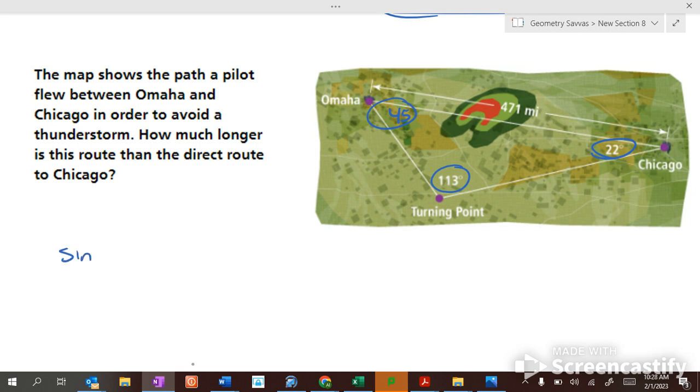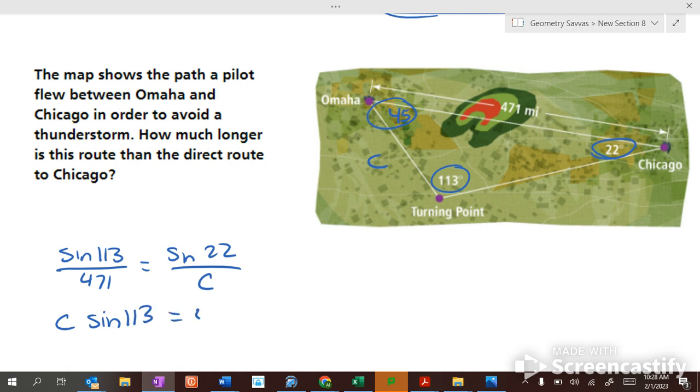Okay, we have opposites. So if we go the sine of 113 over its opposite side, 471, equals the sine of 22 over its opposite side, we'll call this side C. So C sine of 113 equals 471 sine of 22. Divide by the sine of 113.